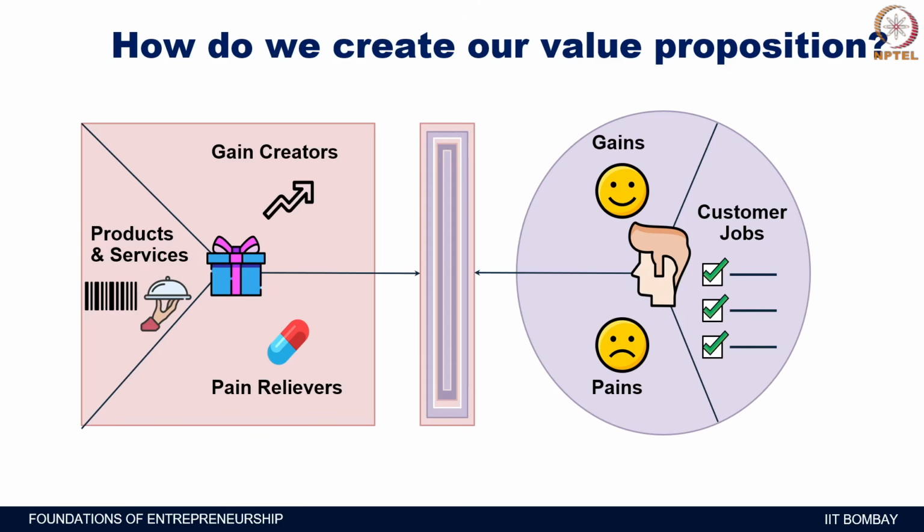So again, sit down and write what is the problem you want to solve. I want to solve the problem of senior citizen loneliness in big metro cities in India. Just a problem that I want to solve. You can have whatever problem you want to solve. And what are the pains?